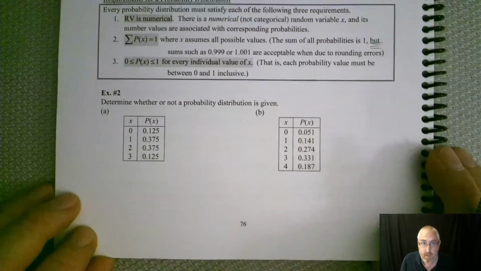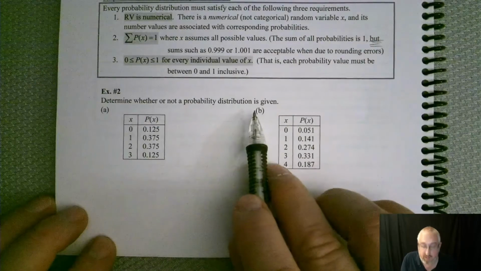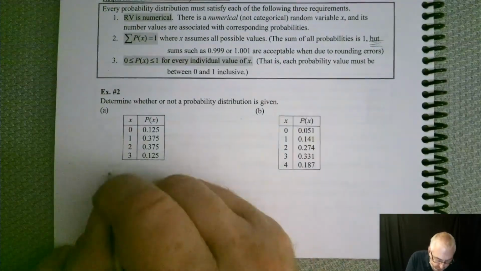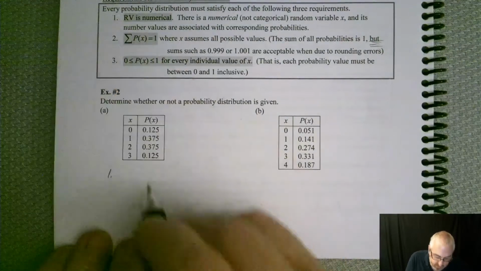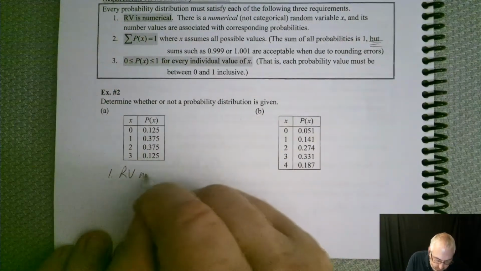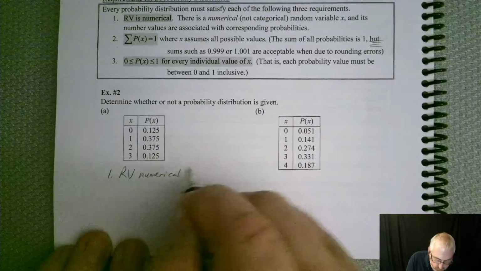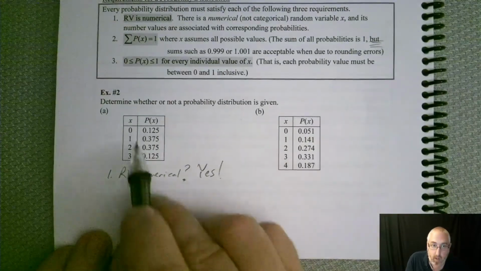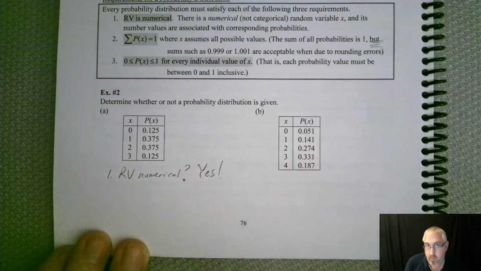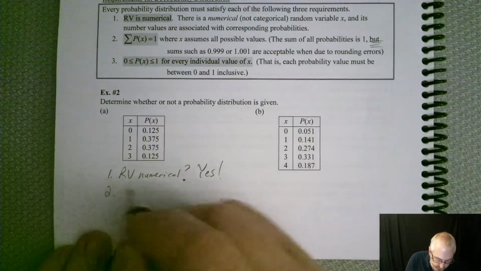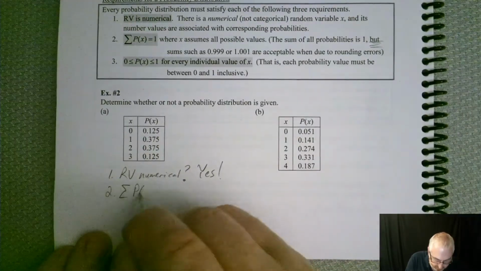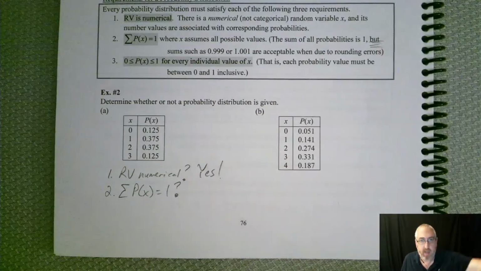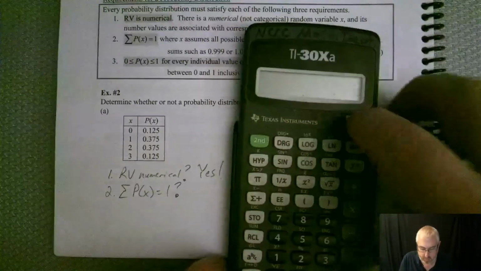But that's it. So if we're asked to determine whether or not we have a probability distribution, let's go through the steps. Number 1, is the random variable numerical? That's a big yes. All those x's are numbers, so we're good. Number 2, the sum of p of x is equal to 1. Well, let's get the calculator out just to make sure.